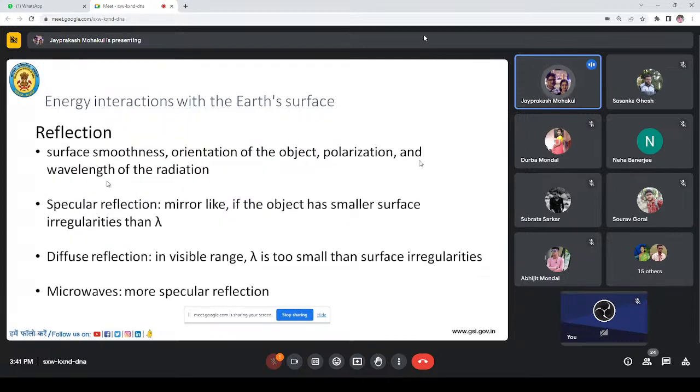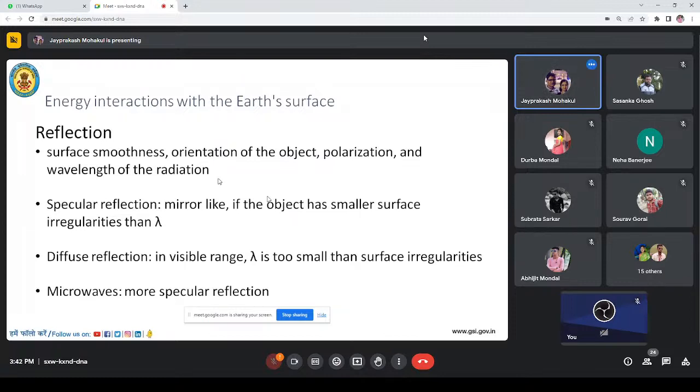Now, reflection, as we know, is a surface phenomenon. So the amount of reflection depends upon the surface smoothness and orientation, that is the angle of incidence and angle of reflection, right? The angle of incidence is equal to the angle of reflection.